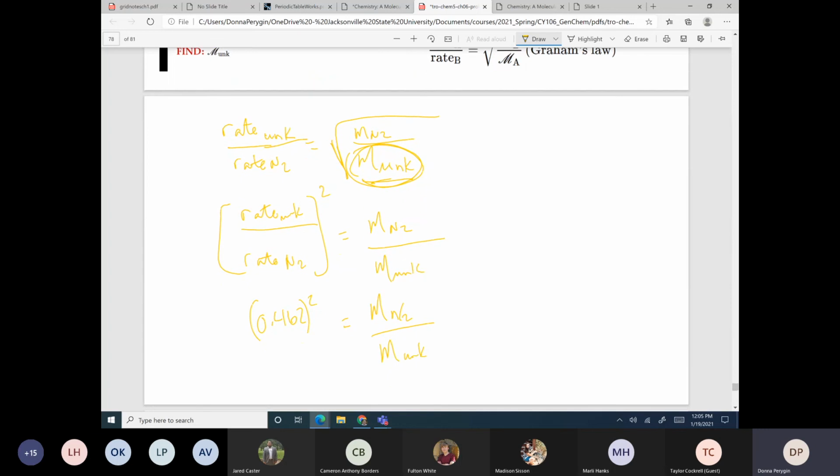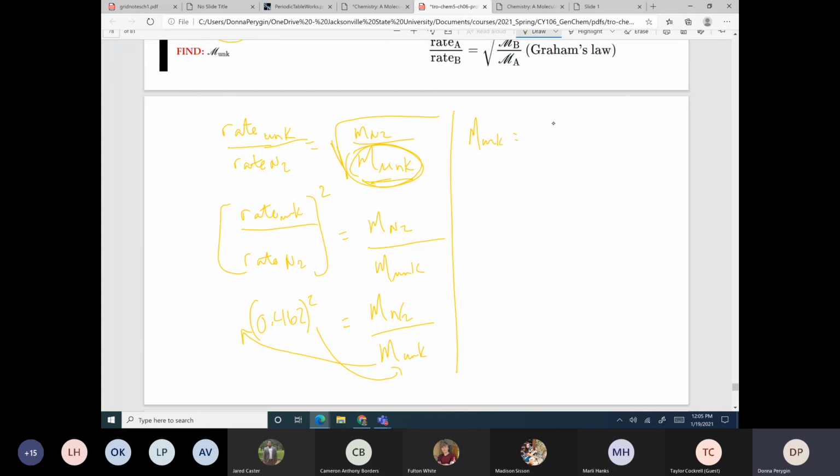I don't think they worked this one correctly. So I'll move this over here and this over here: I'll multiply by the molar mass of the unknown and divide by 0.462 squared. So the molar mass of the unknown gas is equal to the molar mass of N2 divided by 0.462 squared.